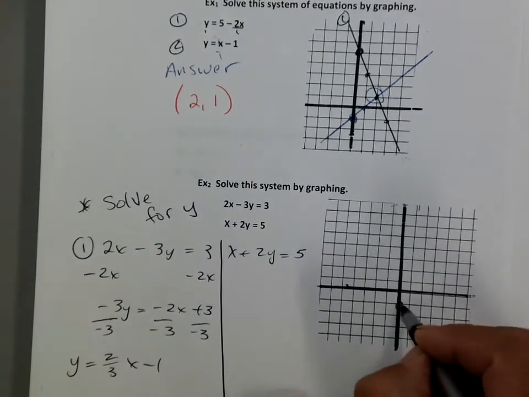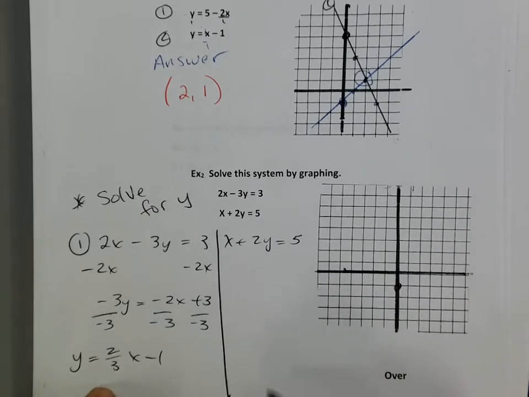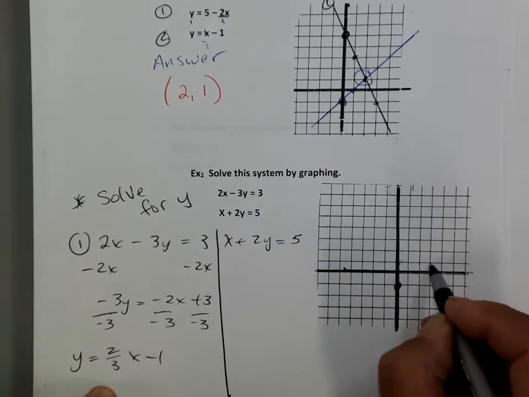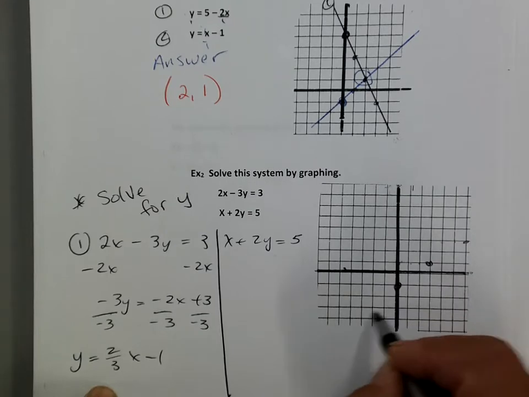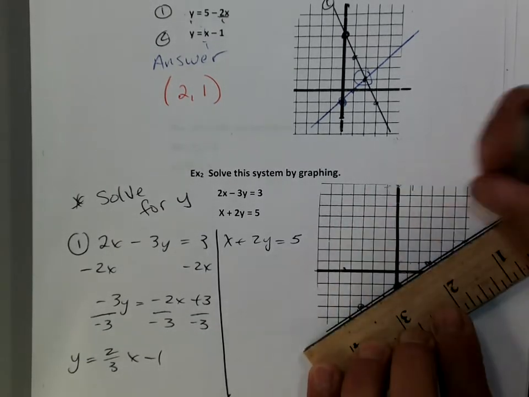Start there at -1, and go up 2 over 3. You can pause this if I get going too fast, to catch up. Let me graph that line in. There's line 1.